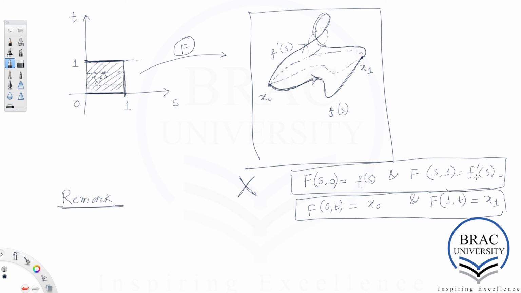and in fact, the second condition tells us that we can construct a family of paths parameterized by t, which we denote by f twiddle sub t, and we define this family of paths by f twiddle sub t of s equal to big F of s comma t.